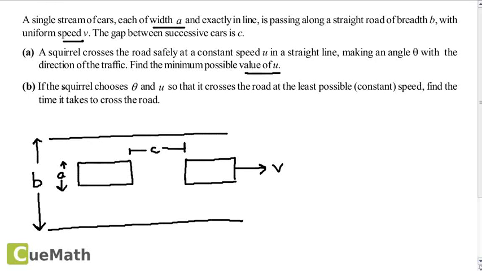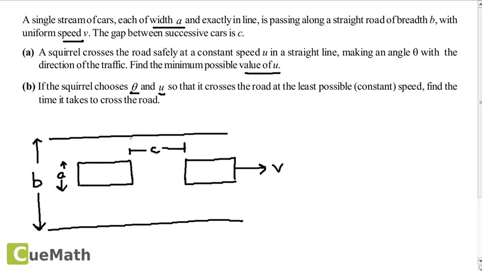And the second part of the question is, if the squirrel chooses theta and u so that it crosses the road at the least possible speed, that is the speed which we will derive in part A, then we have to find the time it takes for the squirrel to cross the road.